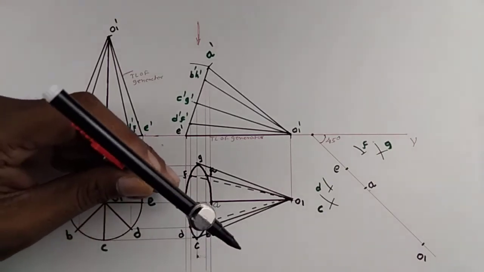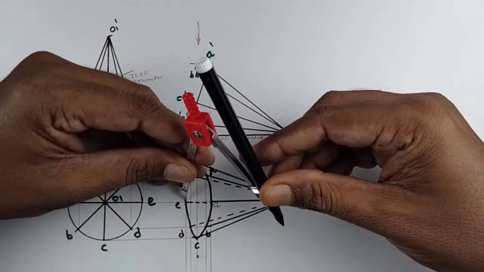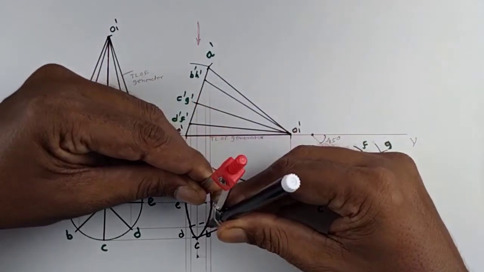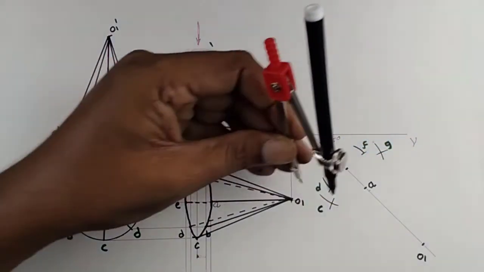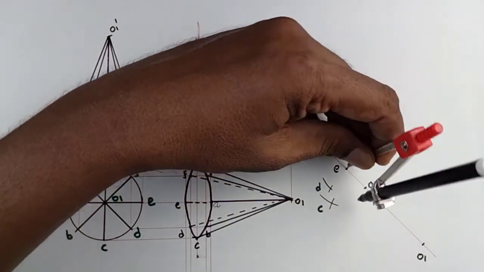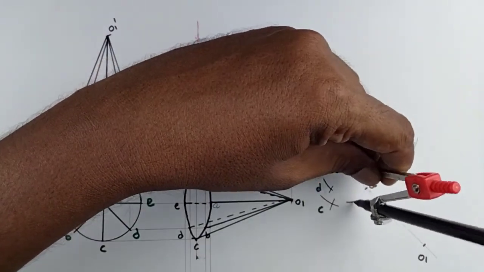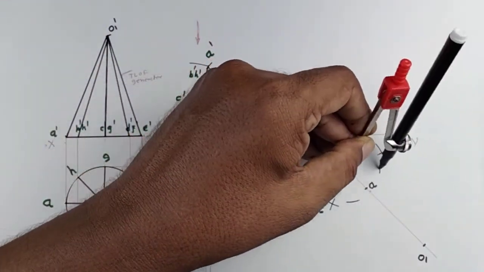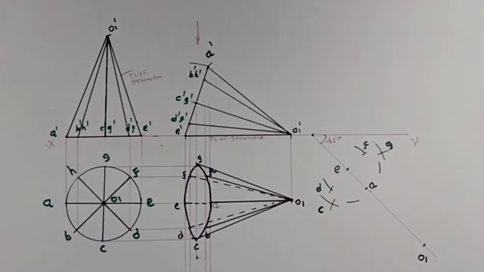Similarly for B and H, I choose the E to B, E point center, one arc, second one arc on other direction.